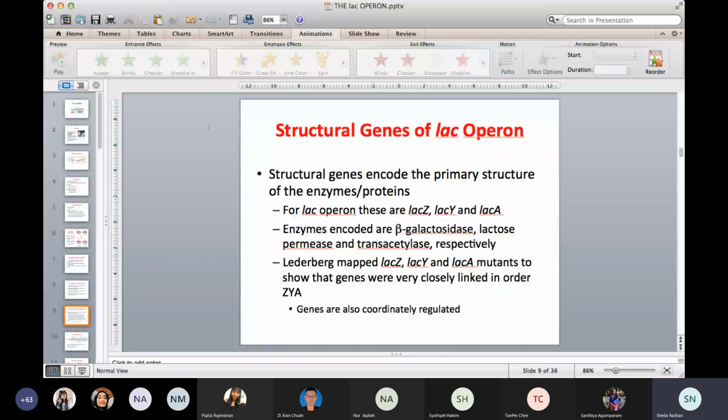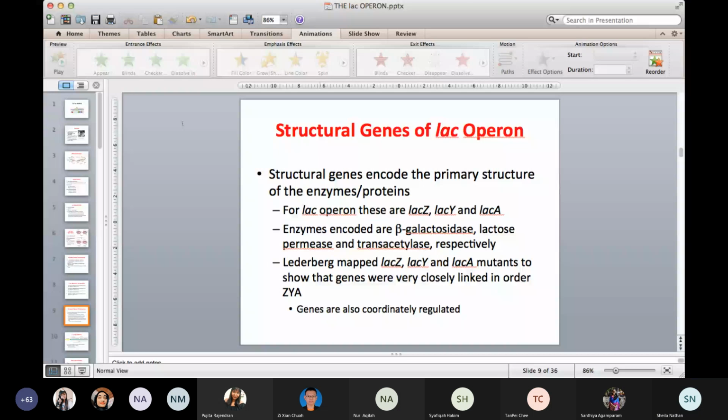What is the function of lactose permease? Its role is to bring the lactose in the environment into the bacterial cell, because the hydrolysis of lactose into galactose and glucose takes place inside the bacteria's cytoplasm.